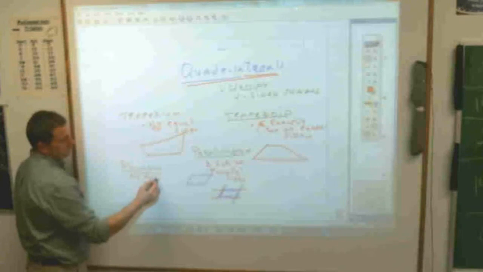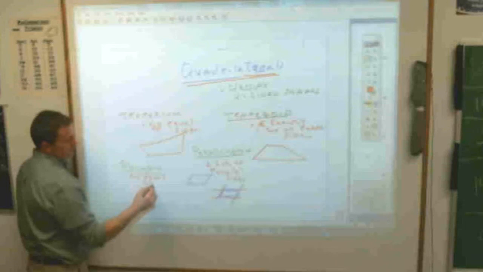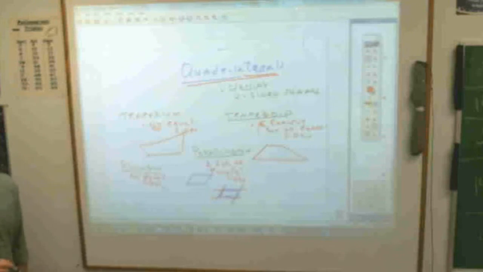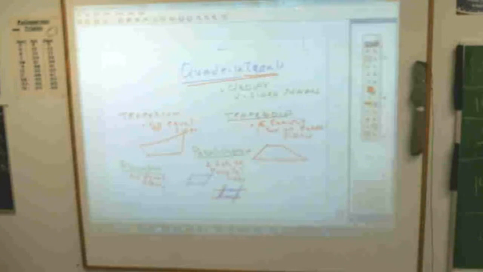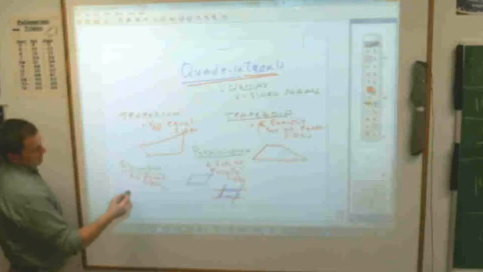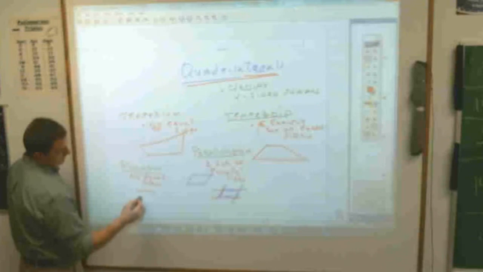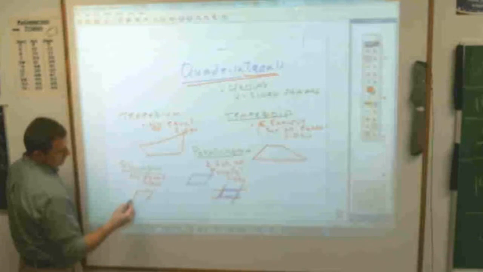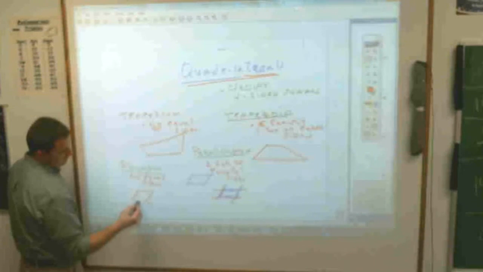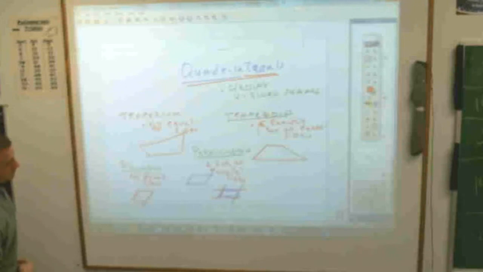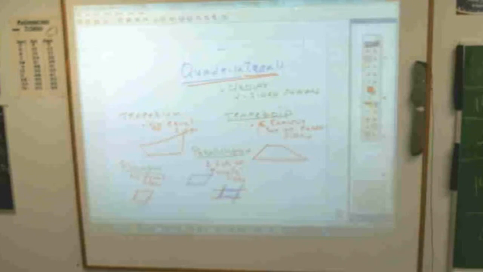Yeah, I believe it is a parallelogram with all equal sides. It looks like this. This side would be equal to this side, would be equal to that side, would be equal to that side. It looks like a squished square, actually.